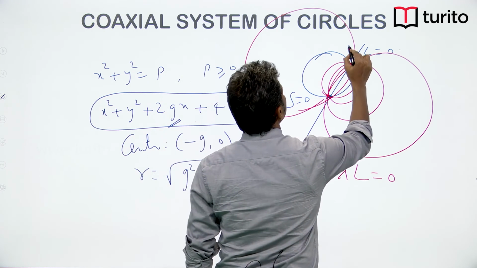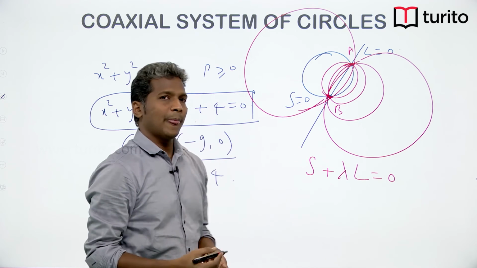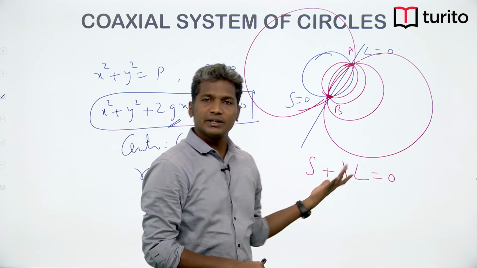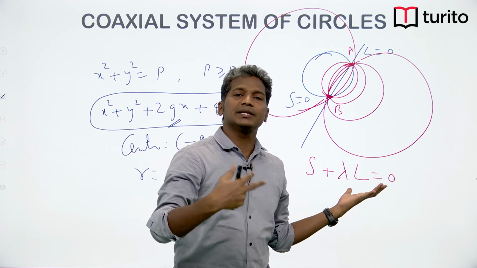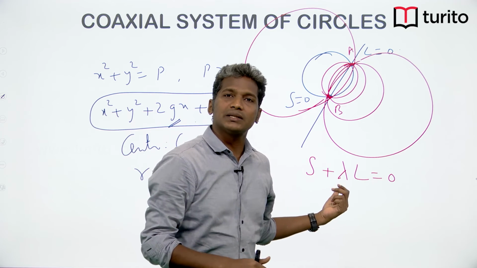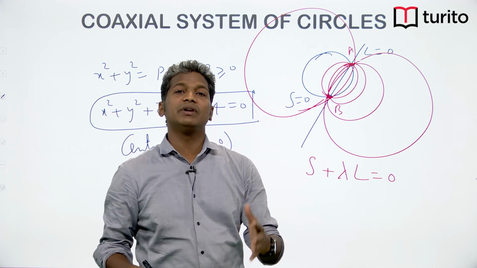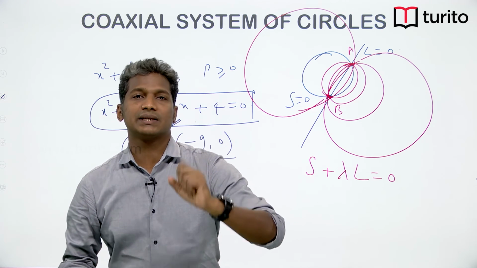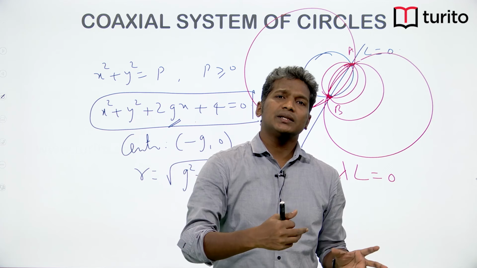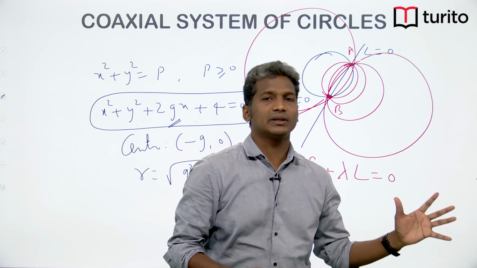If we name these points as A and B, then this represents a family of circles passing through A and B. Now, what is the common property for this family? The common property is passing through A and B. We can also call this a coaxial system of circles, where the system of circles has one common axis. So, if there is a family of circles which has a common radical axis, it is called a coaxial system of circles.